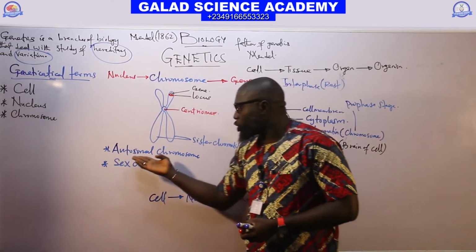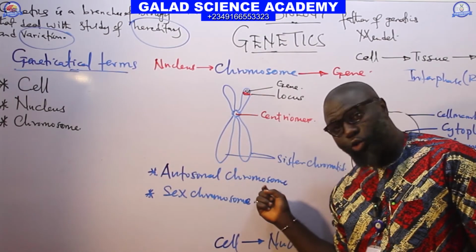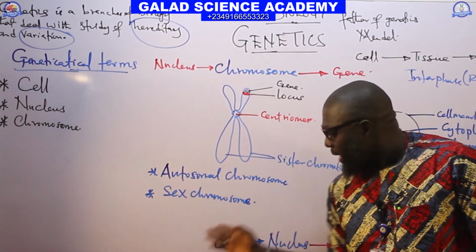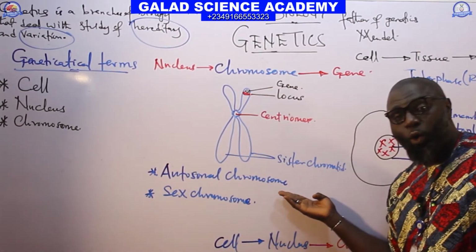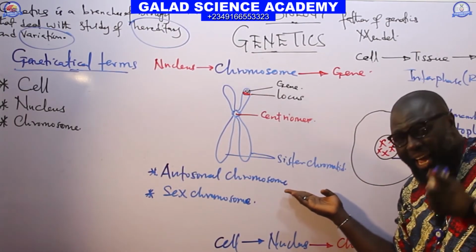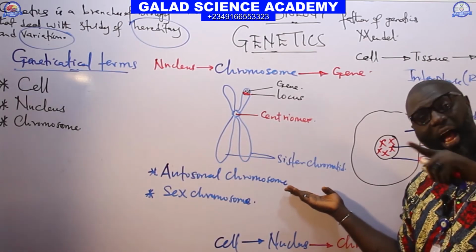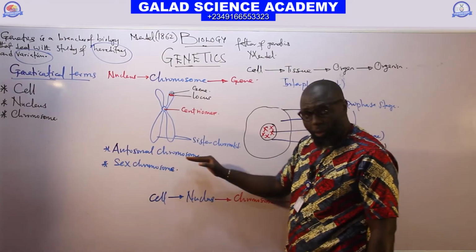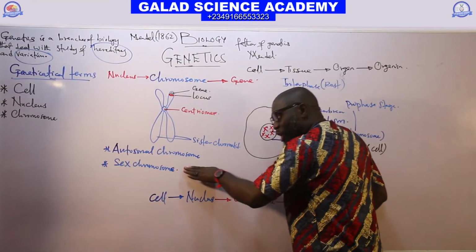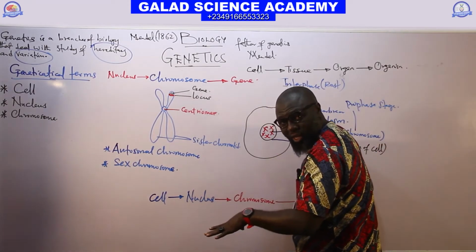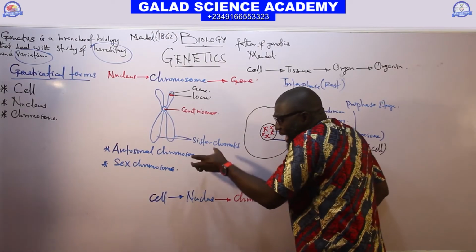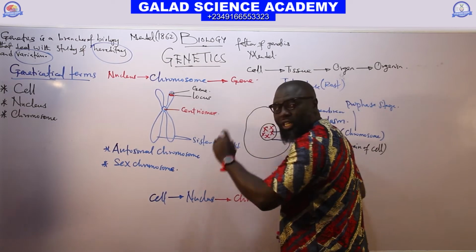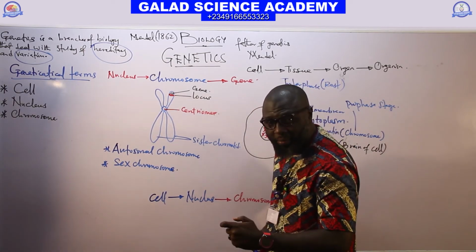What is autosomal chromosome? Autosomal chromosomes are non-sex chromosomes, which are the same in both male and female. Remember, autosomal chromosomes are non-sex chromosomes, and they are the same in both male and female.